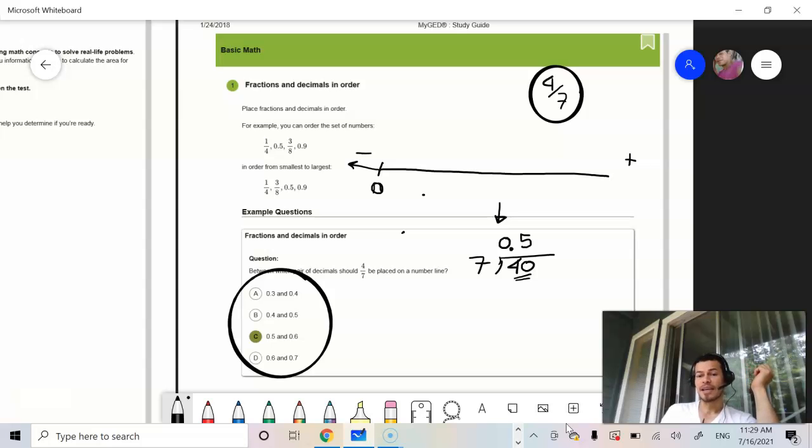So 5 times 7 gives me 35, right? And now I'm going to subtract 40 minus 35. So 40 minus 35, that's equal to 5, okay? And now I have to divide 5 by 7. So now I cannot divide 5 by 7, so I have the same situation that I had at the beginning.